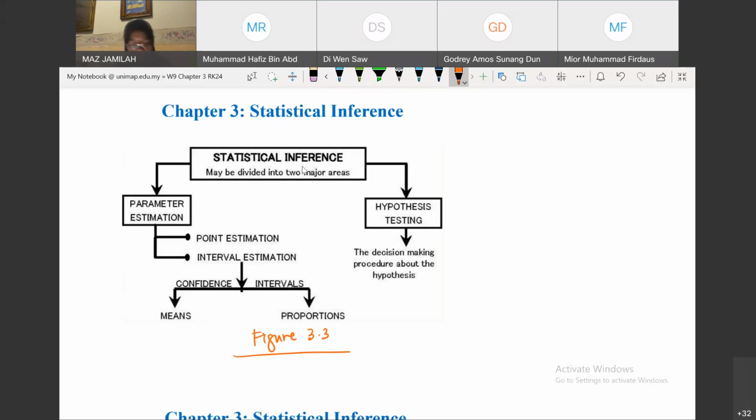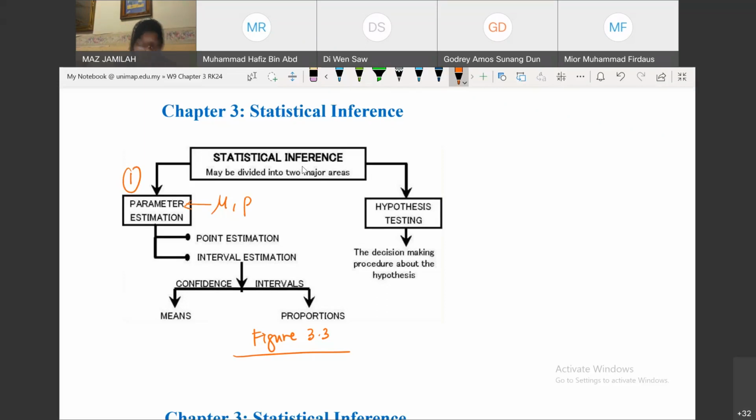We have two options. First, we are using parameter estimation. Why parameter estimation, class? Remember, in parameter estimation, we are talking about mu, we are talking about proportion. Let's just narrow down into two only, though there are more others other than mean and proportion.